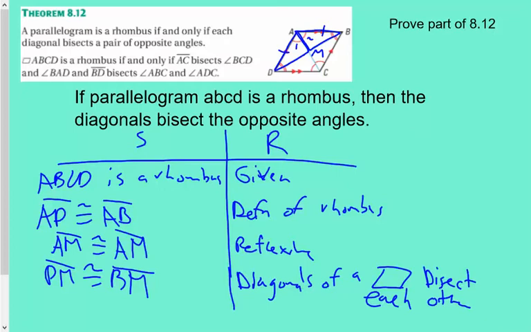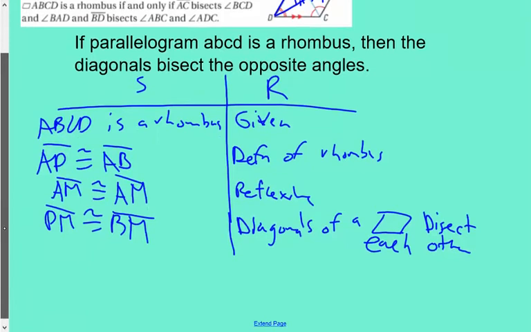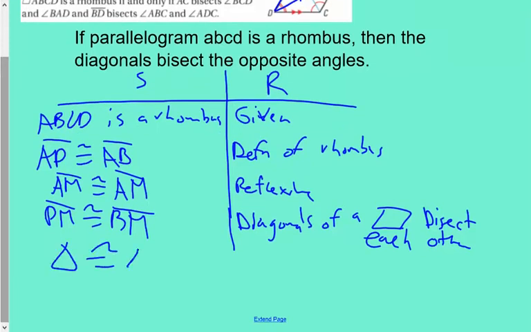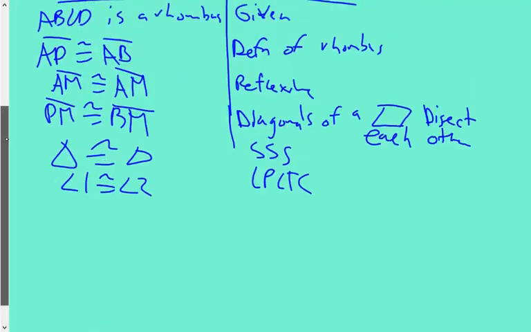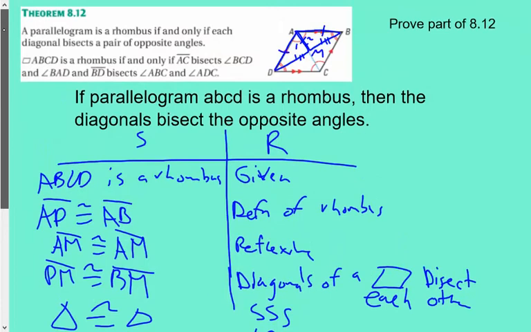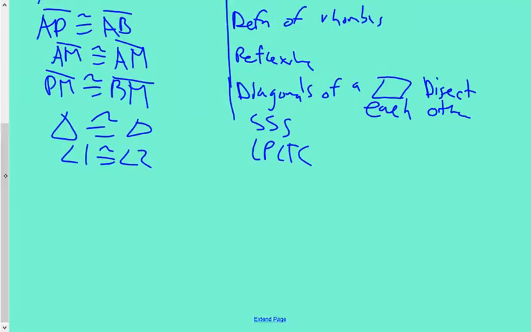So this one actually starts out identical to the other one. So the two triangles are congruent by side, side, side. And then angle 1 is congruent to angle 2 by CPCTC. And since angle 1 and angle 2 are congruent, that makes CA an angle bisector.